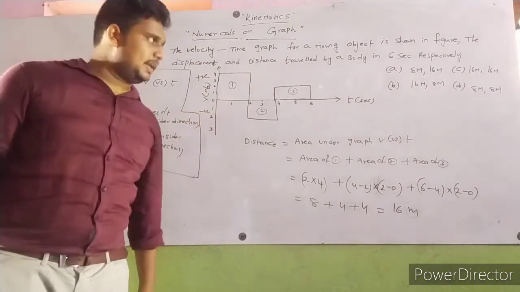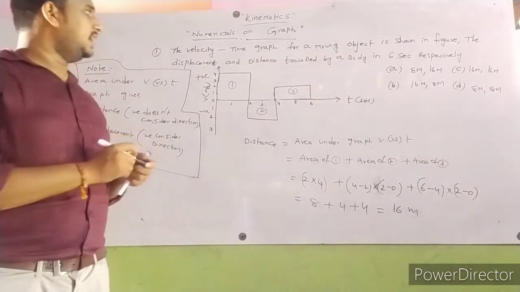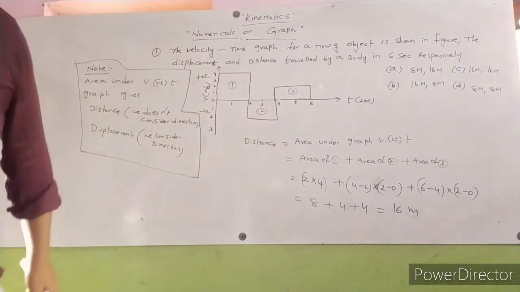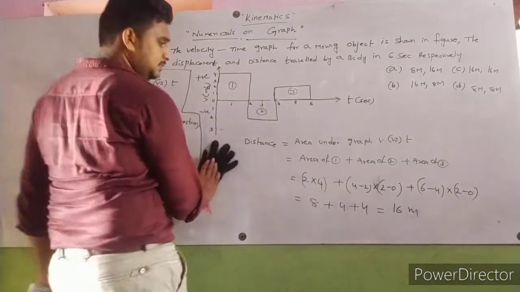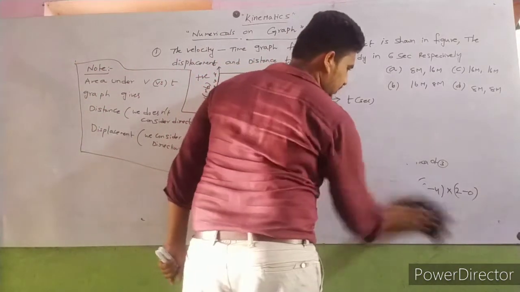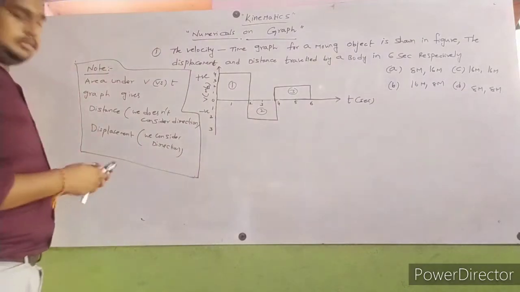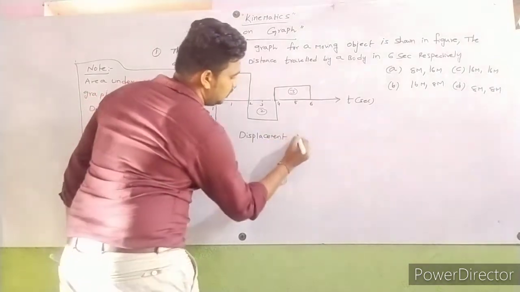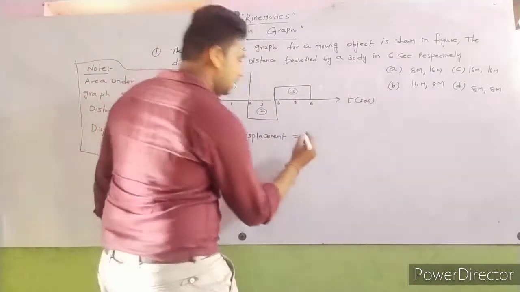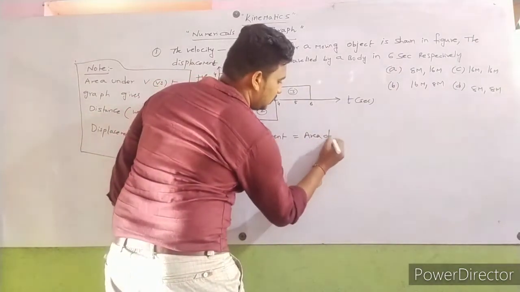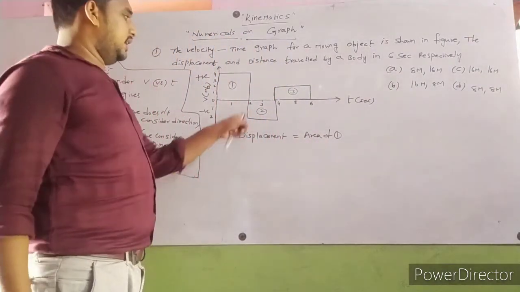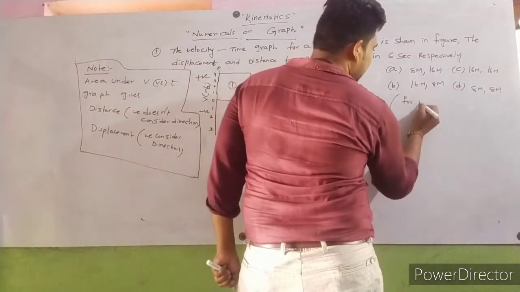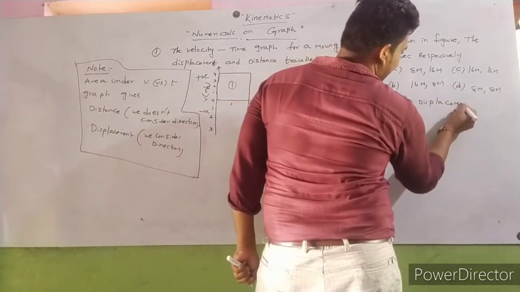Next, displacement. We got distance as 16 meters. Now we have to find displacement. Displacement is equal to area of 1, area of 2 is downside.